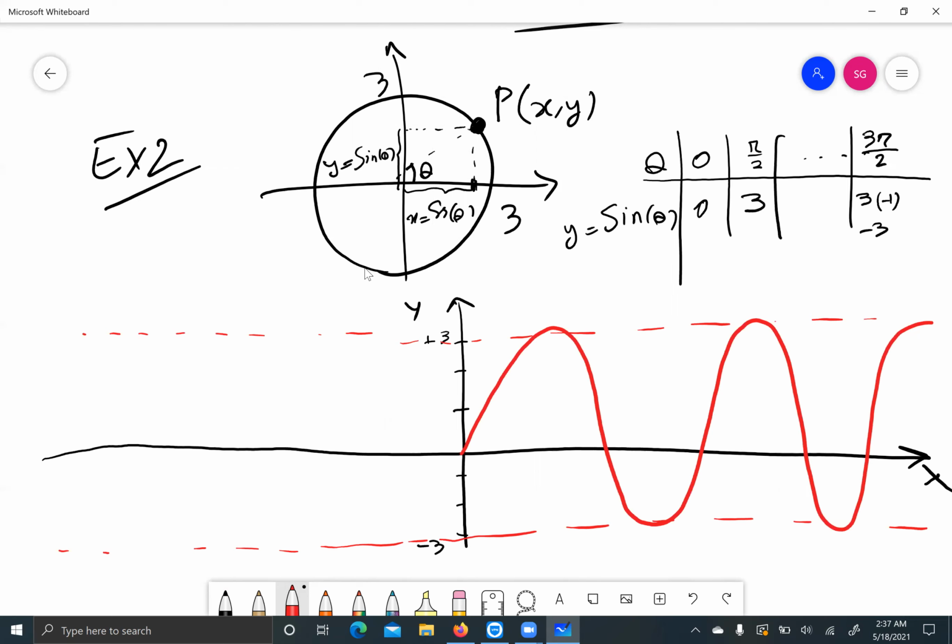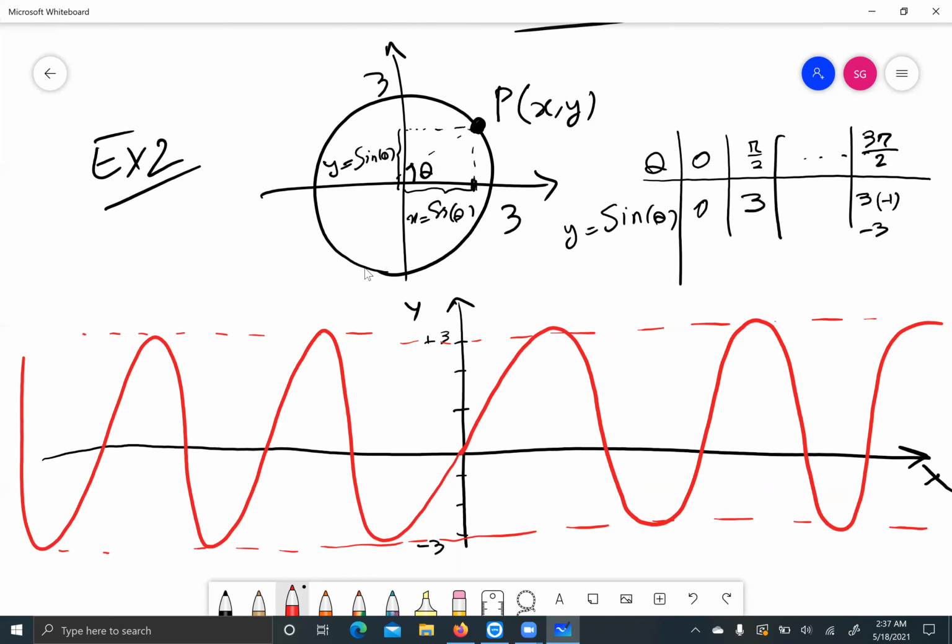So it's the graph of sine, but something like this, right? This is pi over 2. This is 3 pi over 2.